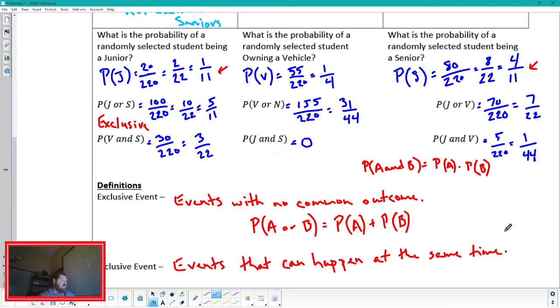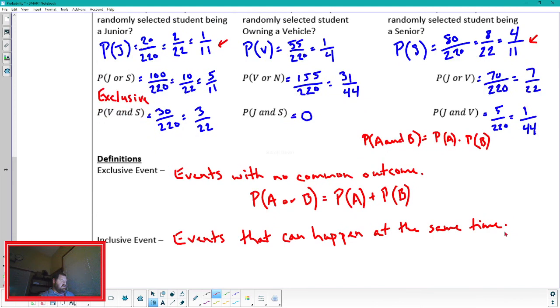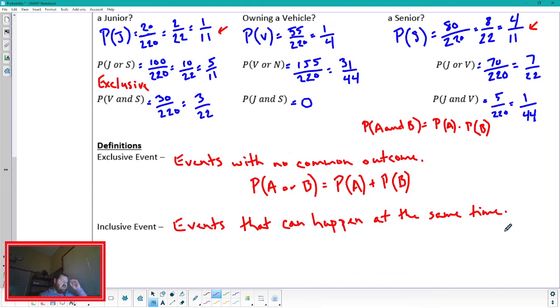Okay. The other one is inclusive, and we kind of saw that happen in this one here when we looked at the probability of J and the probability of V, and that was these two. And we tried to add them.